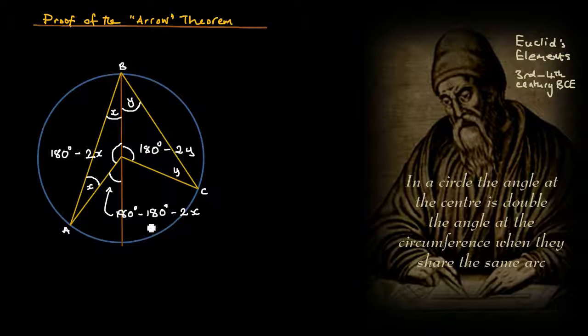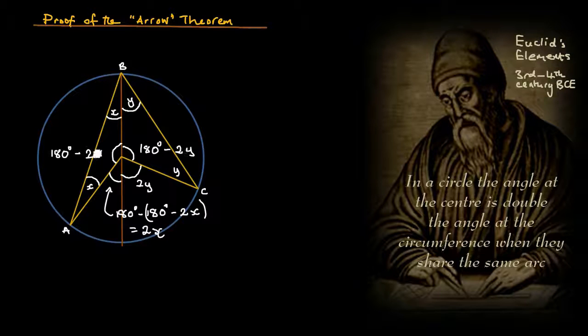So in other words, we can say 180 minus 2x. If I put that in brackets, then that's going to change to a plus. We're going to have 180 minus 180 plus 2x. The 180s cancel, giving us just 2x then in the centre there. Okay. Similarly, using the same algebra, we're going to have here the angle 2y.